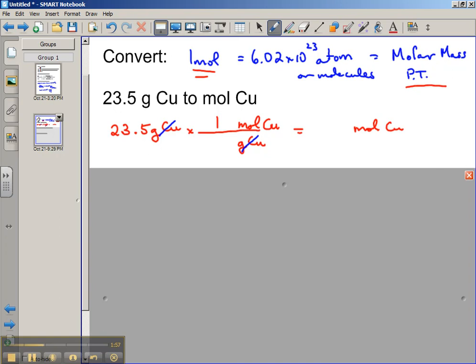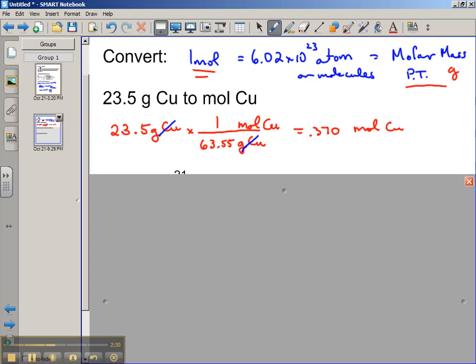Since I'm in grams, I go to the periodic table and I see copper is 63.55 atomic mass units, or grams per mole. So I type on my calculator 23.5 divided by 63.55 and I get 0.370 moles of copper, and I'm done.